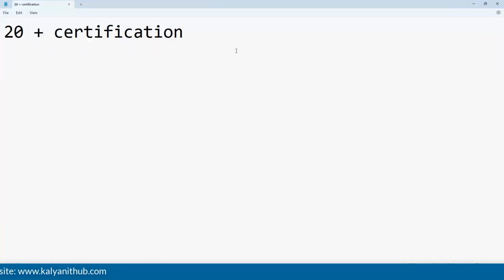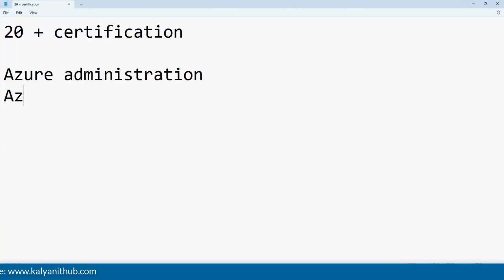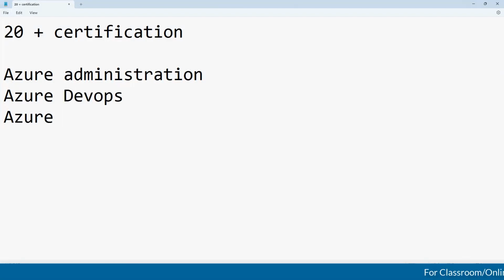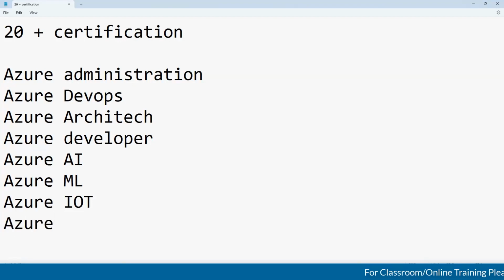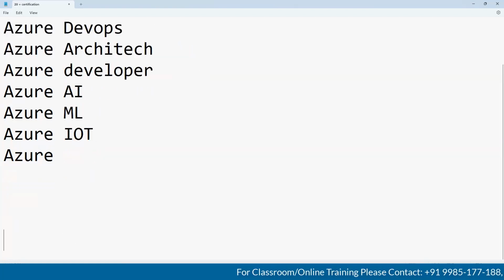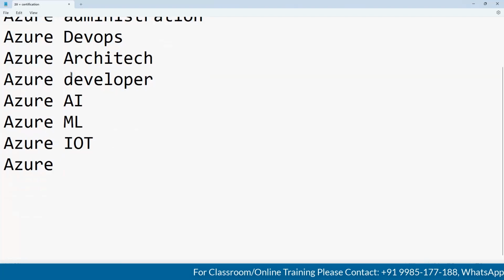Like Azure administration, Azure DevOps, architect, Azure developer, Azure artificial intelligence, Azure machine learning, Azure IoT, data engineer.